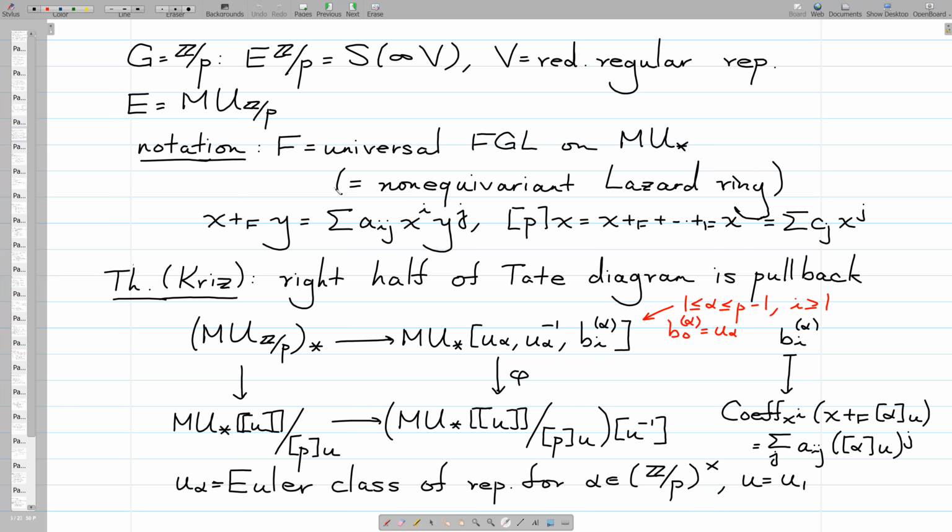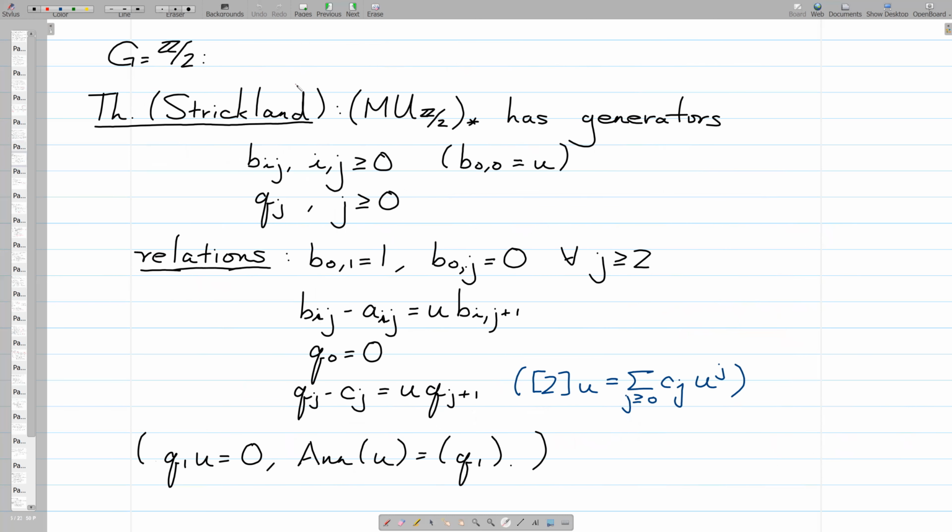Okay, so basically our three other corners of this are calculated, and what Strickland did is algebraically calculate the pullback for when G is Z mod 2.